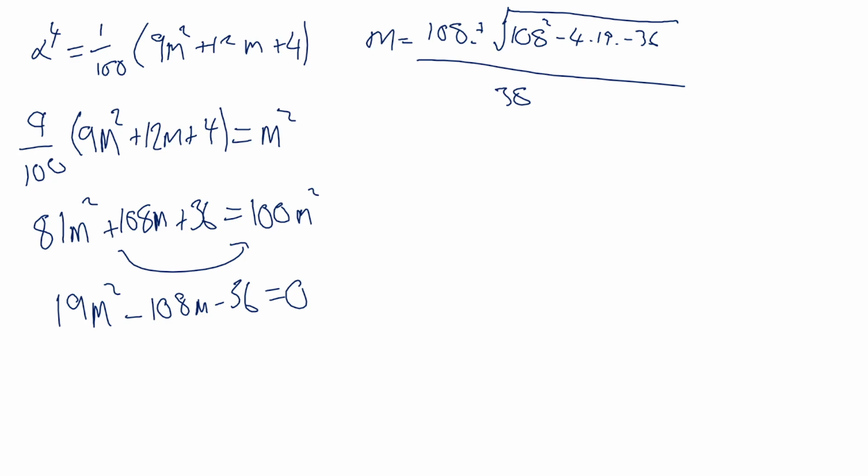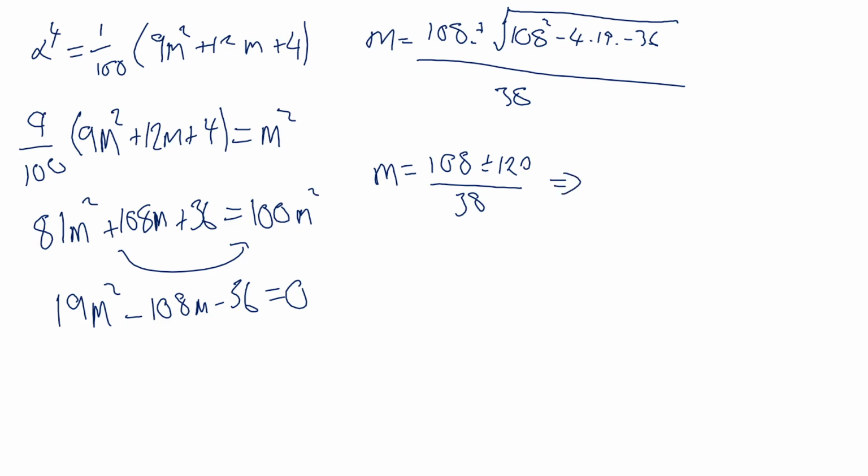I'm going to save you a bit of time here. I've already done this. And conveniently, this big square root actually gives you a square number, which you can square root into a whole number. And that whole number is 120. So m equals 108 plus or minus 120, all over 38.